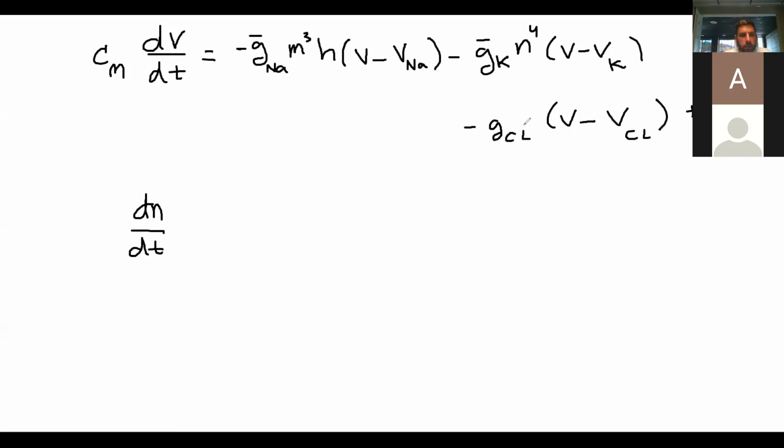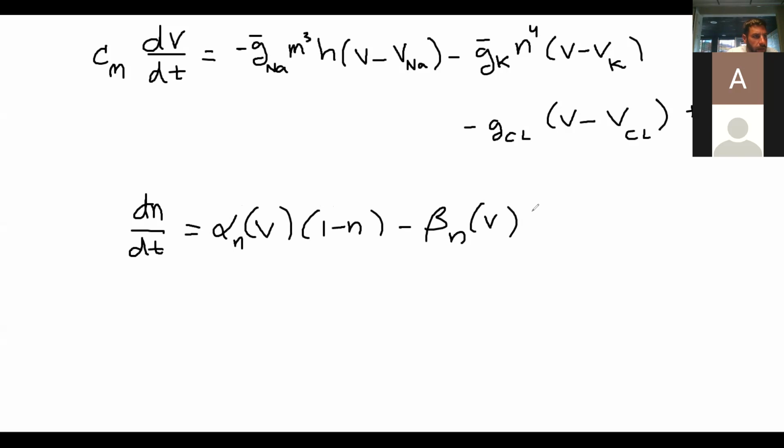Okay, now, what is this equal to? Well, there's some complicated expression in terms of V that we are going to write down. We're going to call this some new function, alpha n, and this is a function of V. We're going to tell you what all this means in a second. And then that's times 1 minus n, minus some other function of V, which we're going to call beta sub n, and then this is times n.